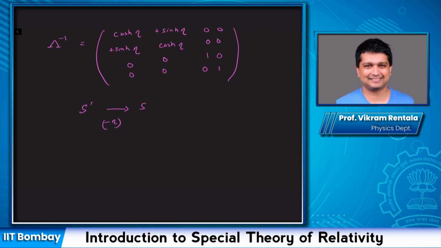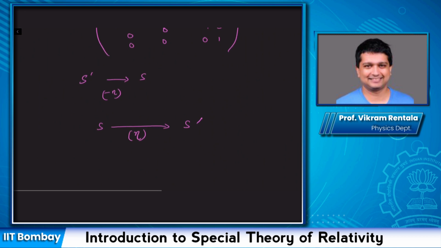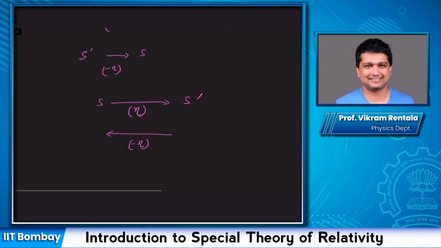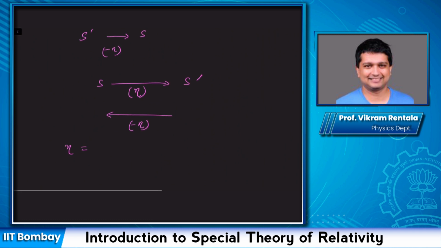In other words, if I want to go from observer S to S prime, I use a transformation parameter eta. If I want to go from S prime back to S, I use a transformation parameter minus eta. And since tanh eta is beta, and beta is v by c, and you'll recall that tanh eta is an odd function, as eta goes to minus eta, beta goes to minus beta, and v by c goes to minus v by c.